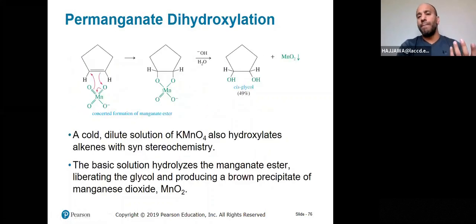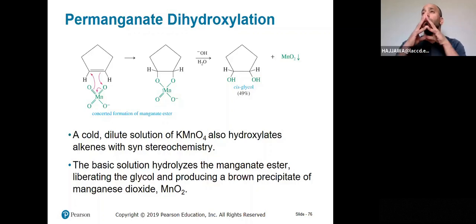So once again, whether you use osmium tetroxide with hydrogen peroxide, or basic dilute KMnO4, either of the 2 will generate the syn diol. Keep in mind that the syn diol is different from the trans diol. For the trans diol, I'm going to have to go through the epoxidation step first. And once I make that epoxide, then I will treat it with H3O+.